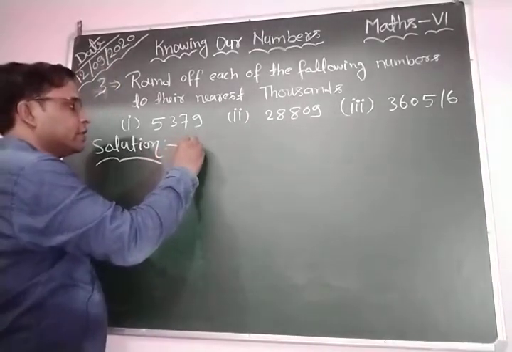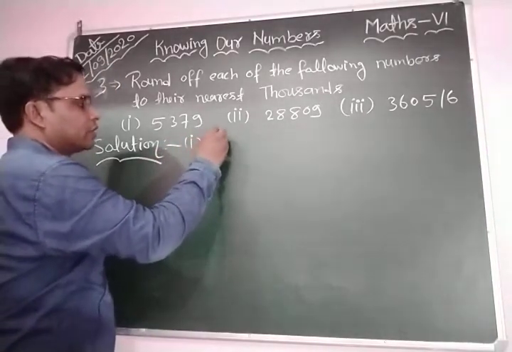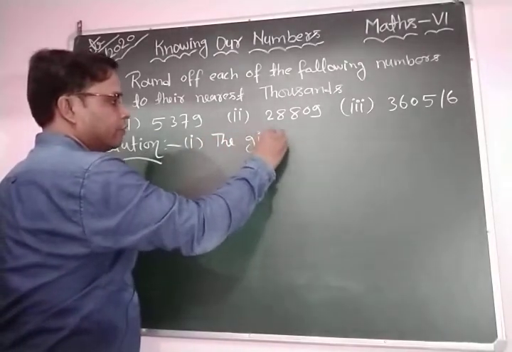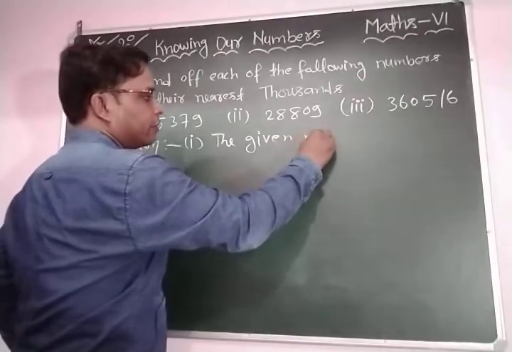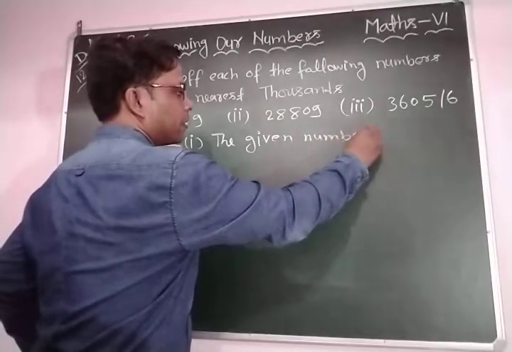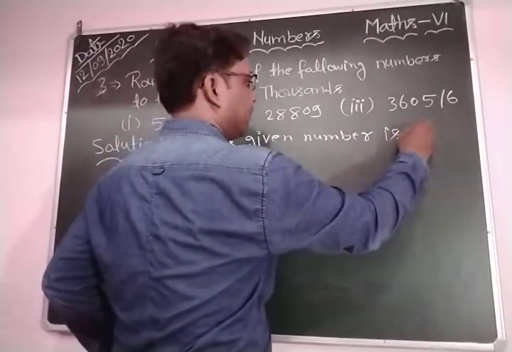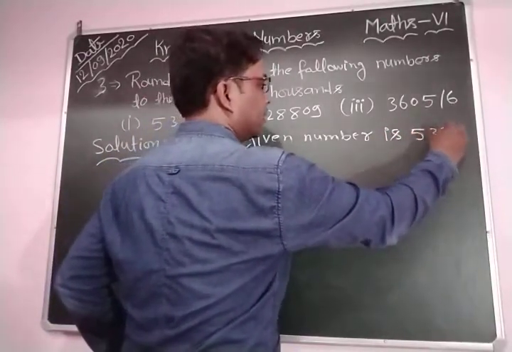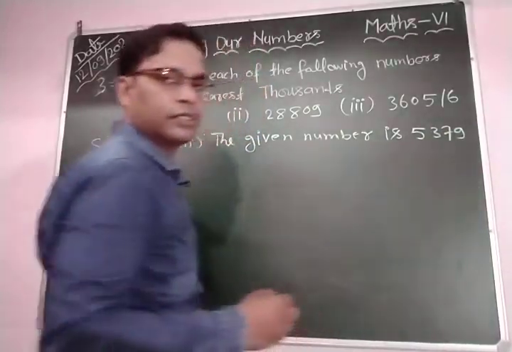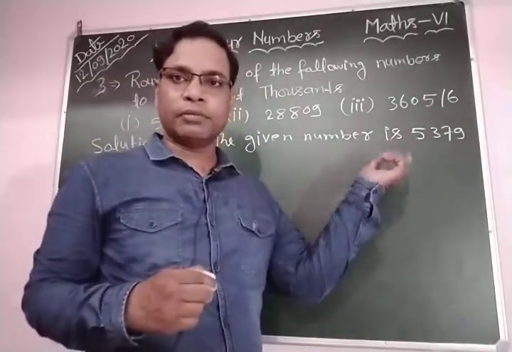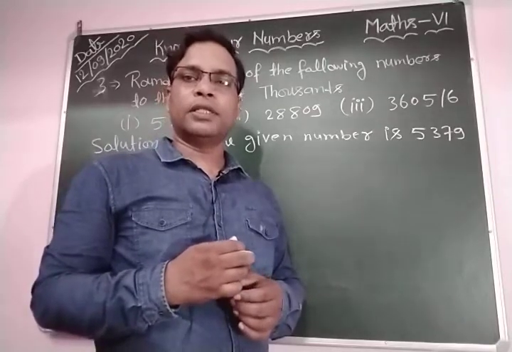First you write here the given number is 5379. We need to find the rounding of this number at its thousand place.